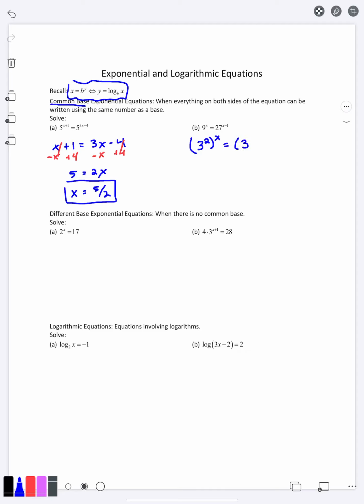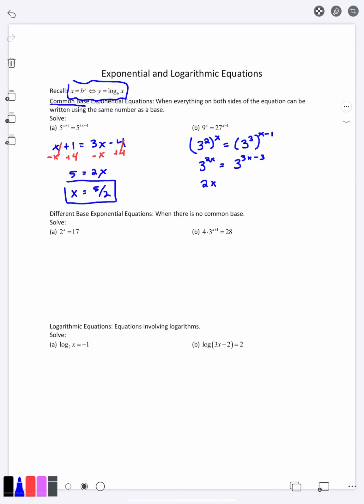And 27 is 3 cubed, and it was raised to x minus 1, so we have that here. Now these parentheses are important because when you have an exponent and an exponent, you multiply them. Because it was 27 completely to the x minus 1, you multiply that 3 distributed into x minus 1, and you get 3x minus 3.